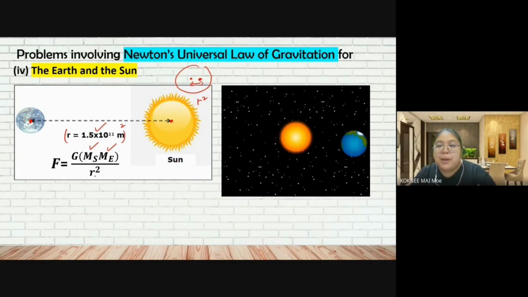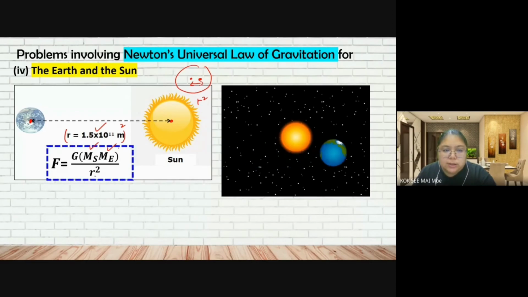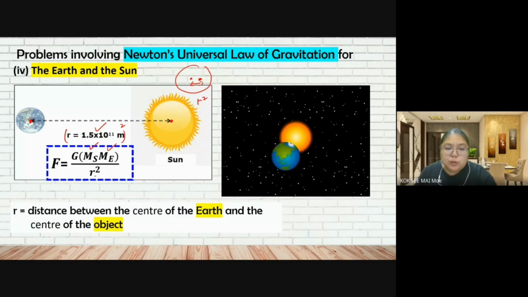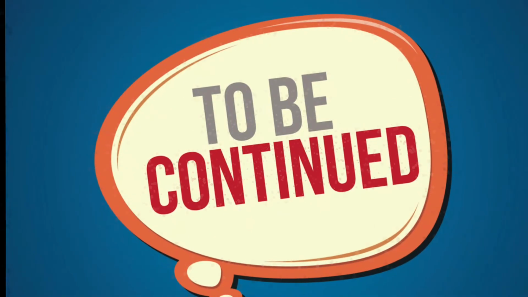The distance depends on which situation you are in, 1, 2, 3 or 4, and then we apply it. So these are four different situations. Remember, many students forget and say surface to surface. No, it must be the center of the Earth to the center of the object. This is what we call the distance.